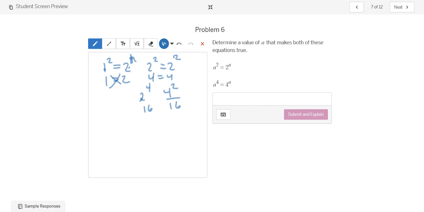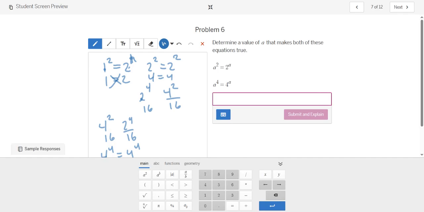And then I thought about it further and was like, well, doesn't 4 also work? 4 squared is 16. 2 to the fourth is 16. I don't know why I keep putting a division, but that's not a fraction. And then 4 to the fourth equals 4 to the fourth. I mean, 256 equals 256. So I think there might be two answers.